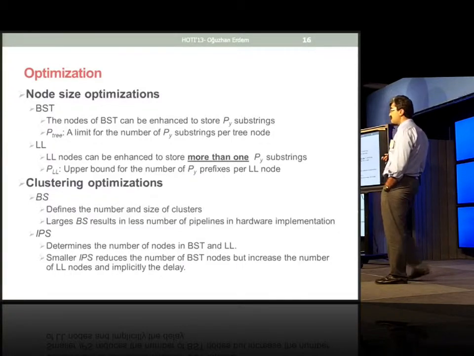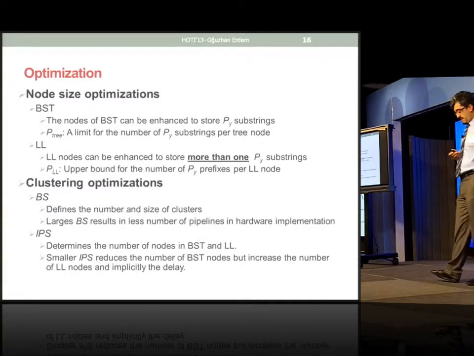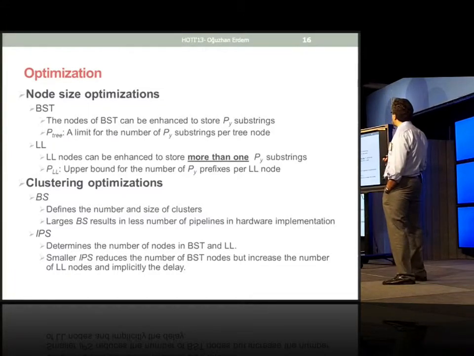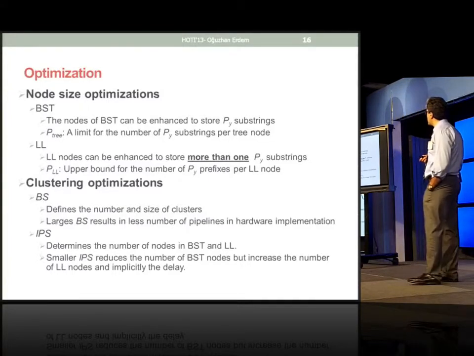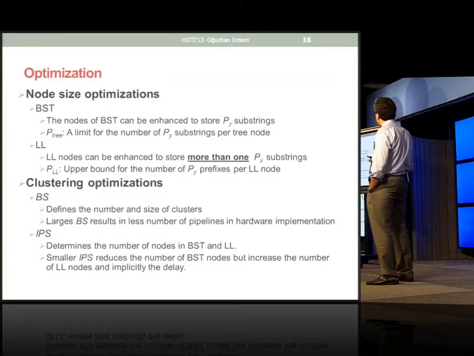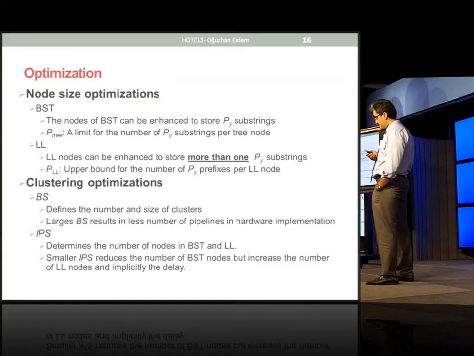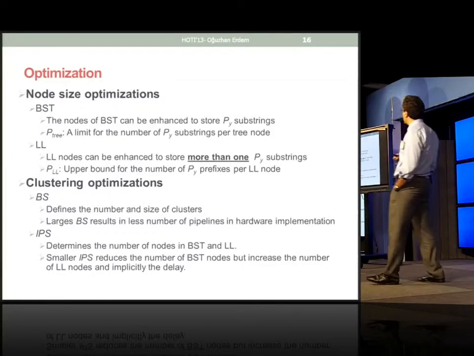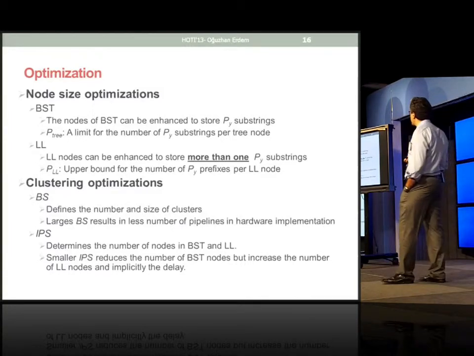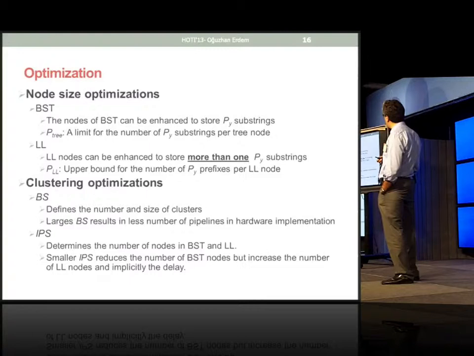We have several optimizations to improve the memory efficiency and also reduce the depth of the data structure. We can categorize these optimizations into 2: the node size optimizations and the clustering optimizations. In the first stage, the nodes of the tree can be enhanced to store PY substrings also. Therefore, we set a limit for the number of PY substrings per tree node and call it P3.